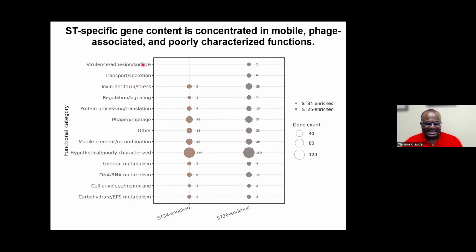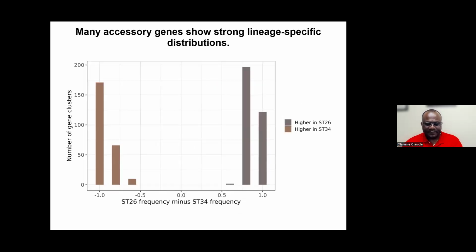And these are some of the genes that were not reported in the ST34, or they were less enriched within the ST34. So these patterns suggest that mobile DNA and uncharacterized genes are the major contributors to lineage diversification. But trying to validate this hypothesis is completely outside of the scope of this talk today.